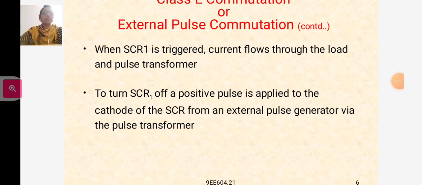To turn off SCR1, a positive pulse is applied to the cathode of the SCR from an external pulse generator via the pulse transformer.